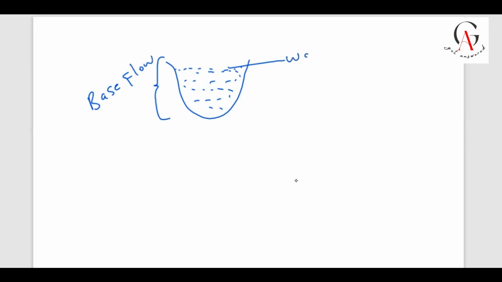Then this is the water table. So rivers whose bed cannot reach the base flow, this is the river bed. So these rivers, we call them episodic rivers because they are never supplied by the water table.